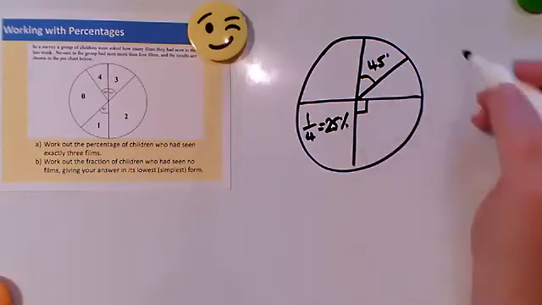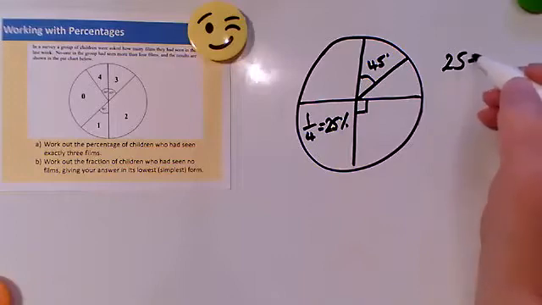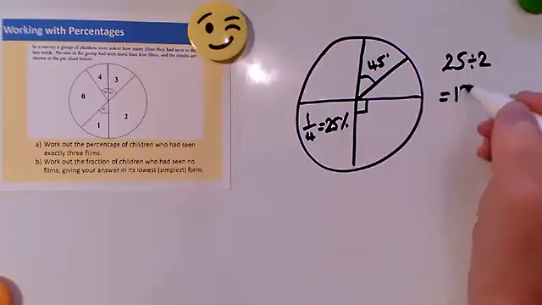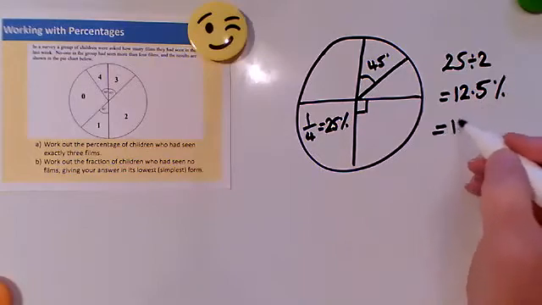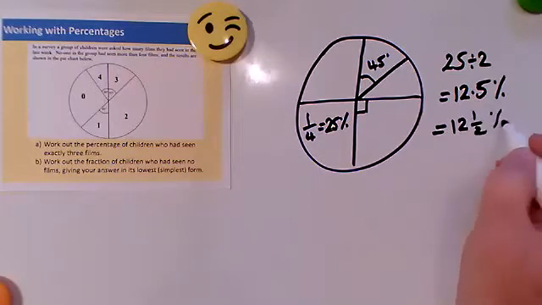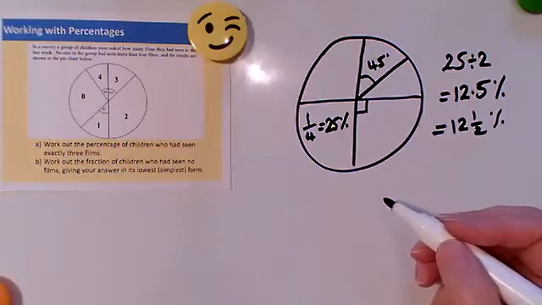So I want half of 25%, and 25 divided by 2 is 12.5%. You can also write that as 12.5%. Both of those are acceptable answers.